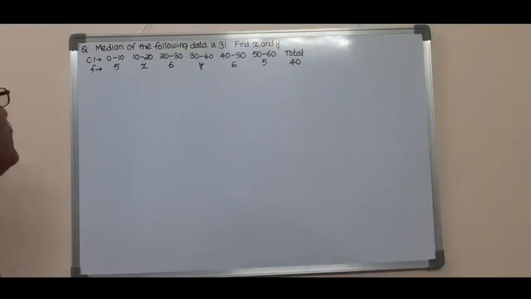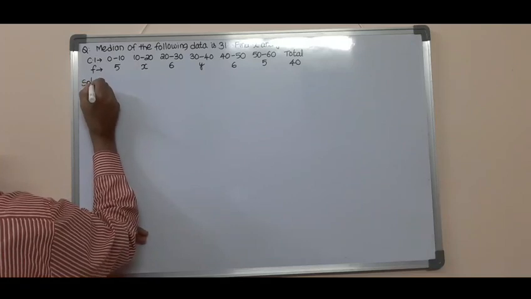Next problem. Median of the following data is 31. Find x and y. Class intervals 0 to 10, 10 to 20, 20 to 30, 30 to 40, 40 to 50, 50 to 60, and the total frequency is 40. Frequencies 5, x, 6, y, 6, 5. Solution.